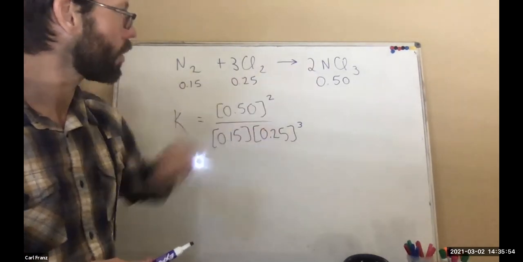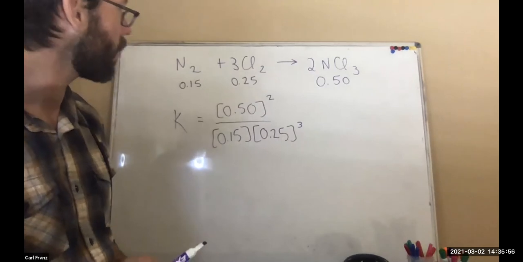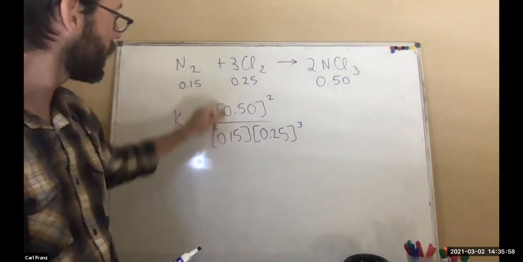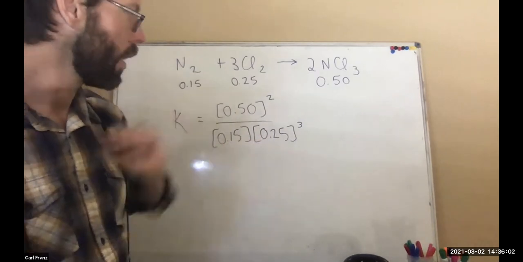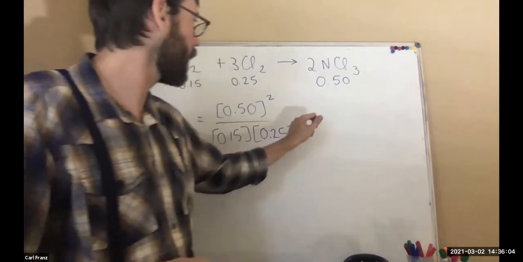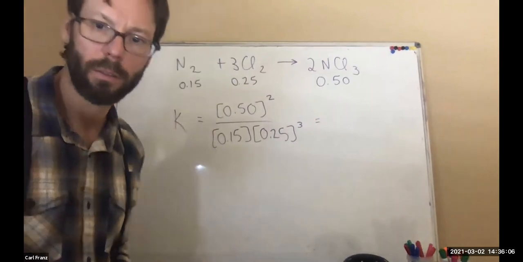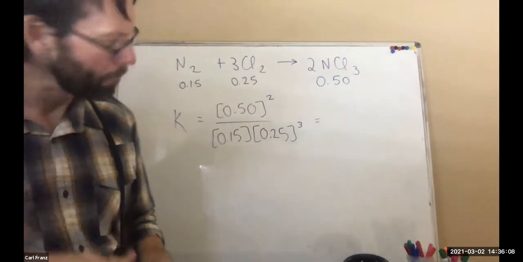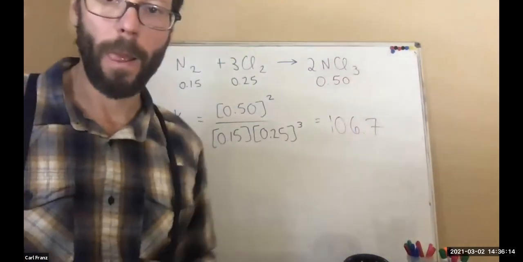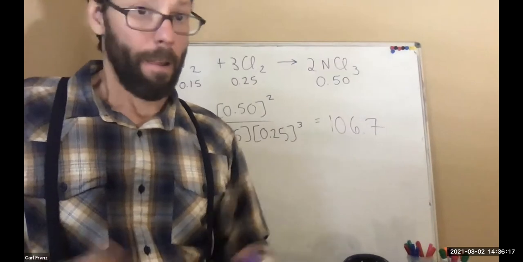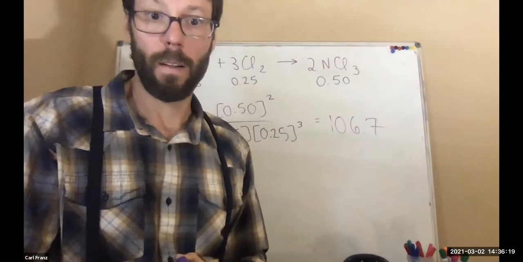Coefficient of 2, so product is raised to the second power. 1 and 3, so 0.15 to the first power and 0.25 to the third power. Anybody get an answer? 106.7. All right. Great. That's it.